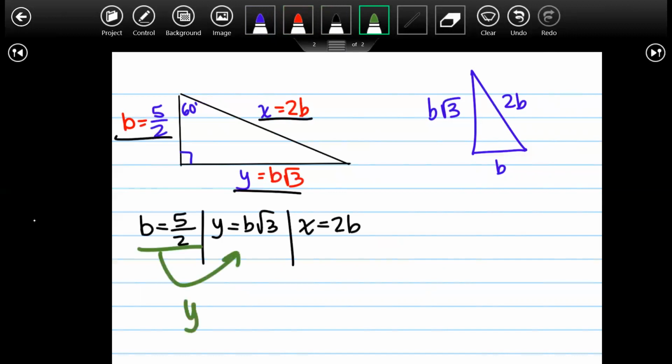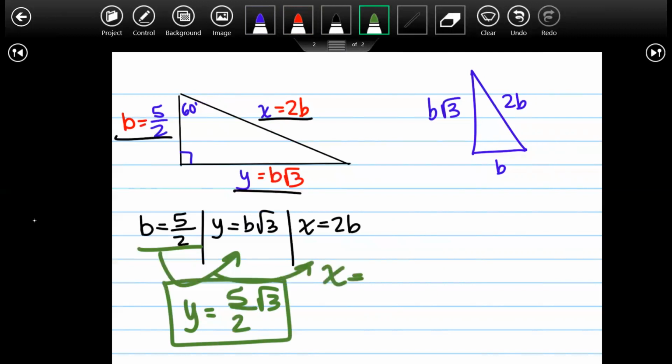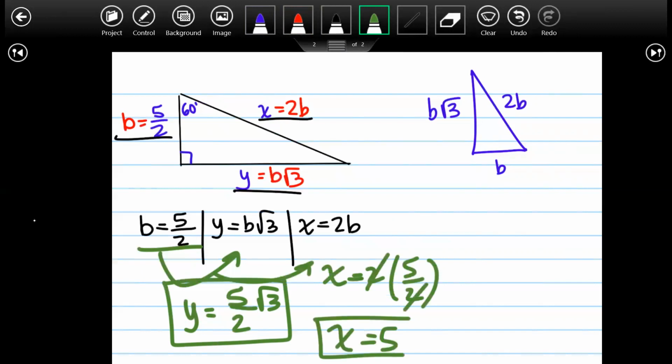Y is going to be equal to 5 over 2 times radical 3. That's why this one is that answer. If we plug it into our last, X is going to be equal to 2 times 5 over 2. What happened to those 2's? They cancel. This is why this one is 5.